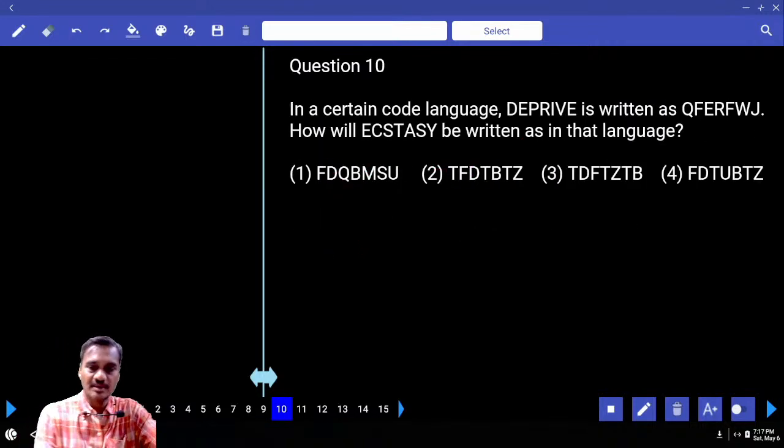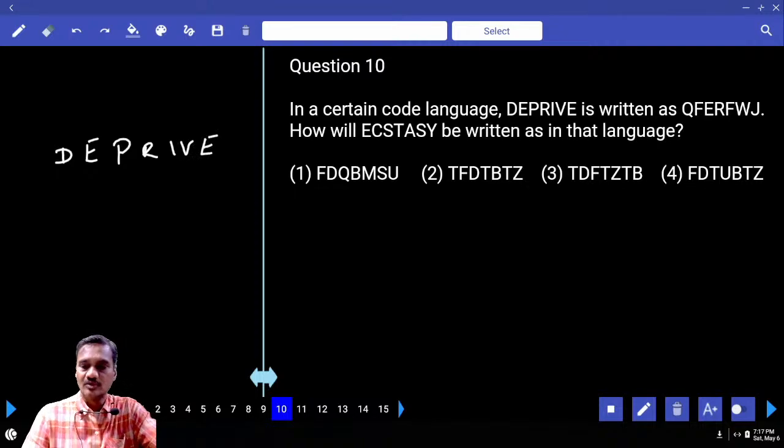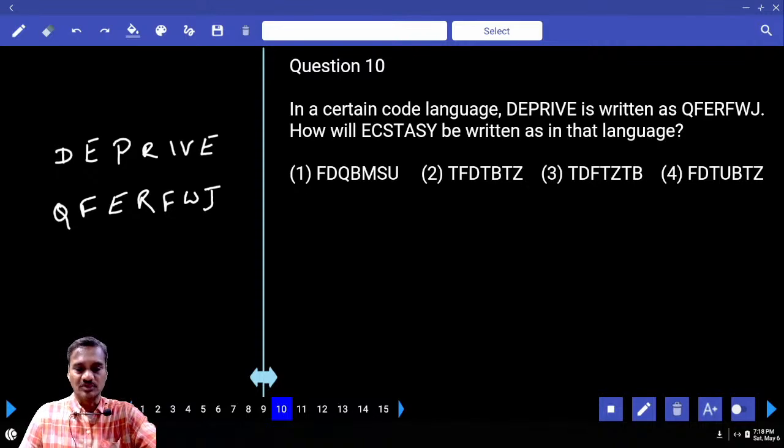Then 10th one, deprive, D-E-P-R-I-V-E. Now the code given to the word deprive is QFQERFWJ. Then tell me what is the code for this one.